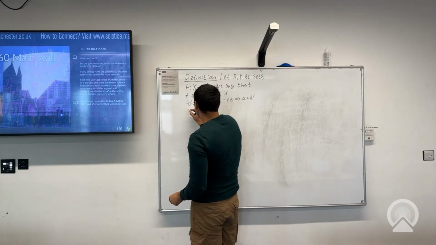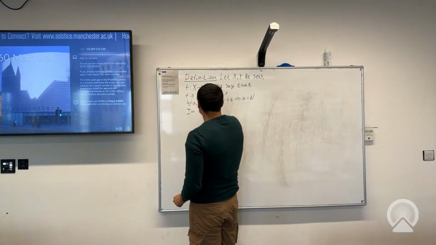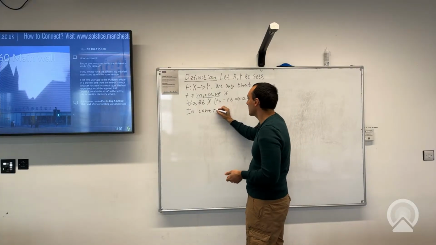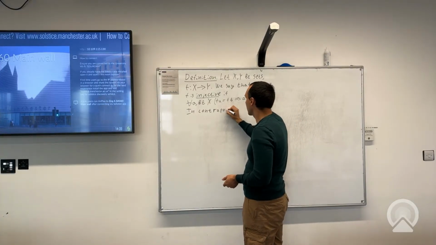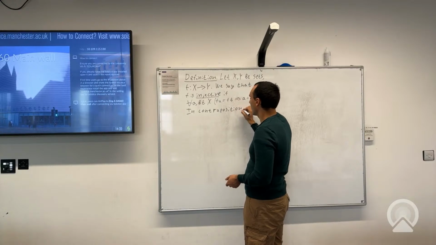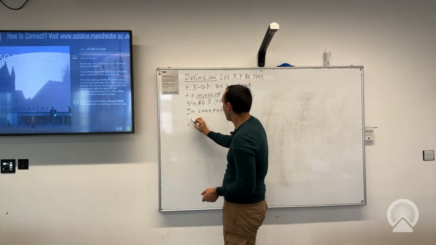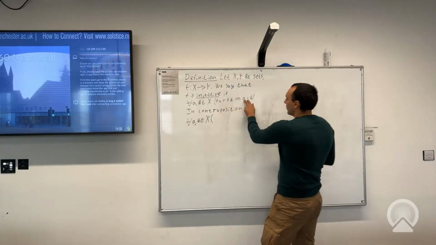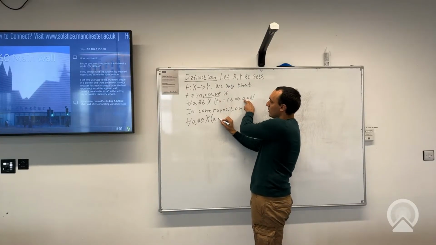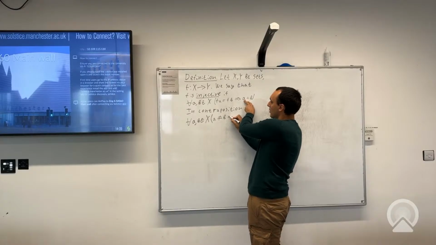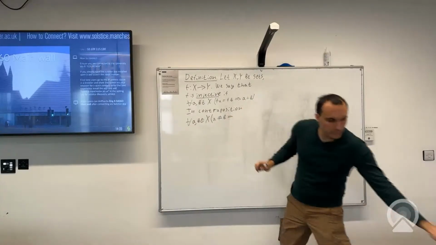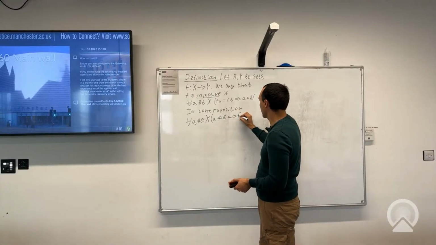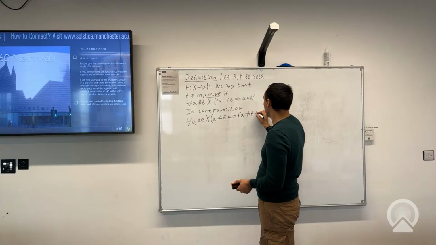So in contraposition, it's written as follows: for all a and b in X, a not equal to b implies f of a not equal to f of b.